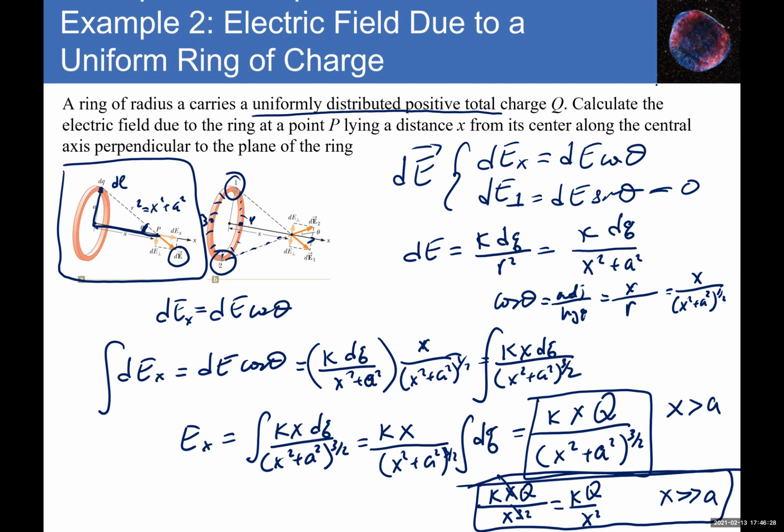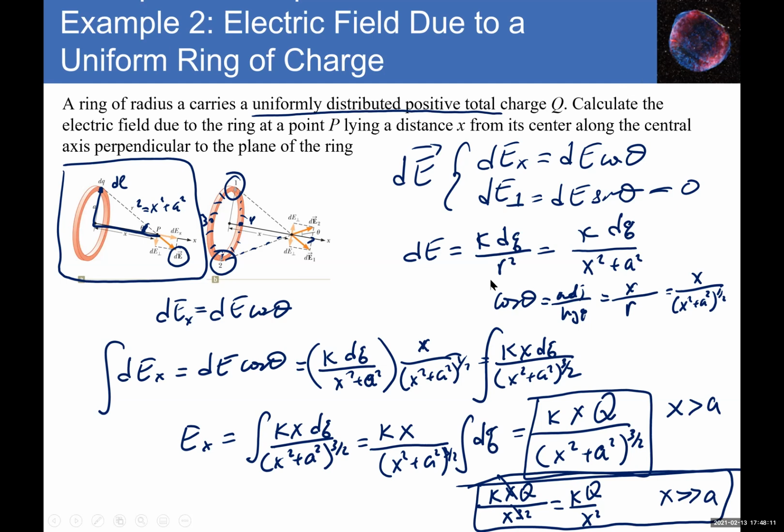All right, so you can see the calculation for a continuous charge distribution can be much more complicated compared to a point charge distribution, and it can be even more complicated depending on the specific problem. For example, I want to show you one other calculation for some kind of rod.